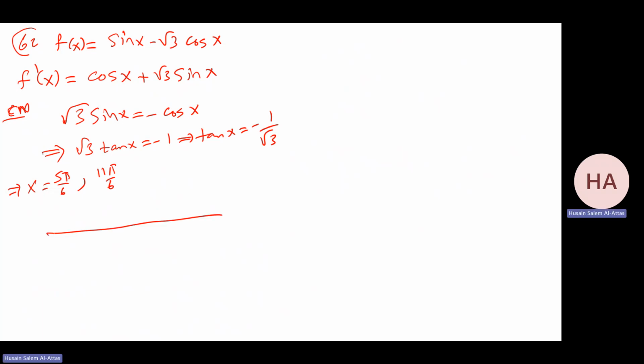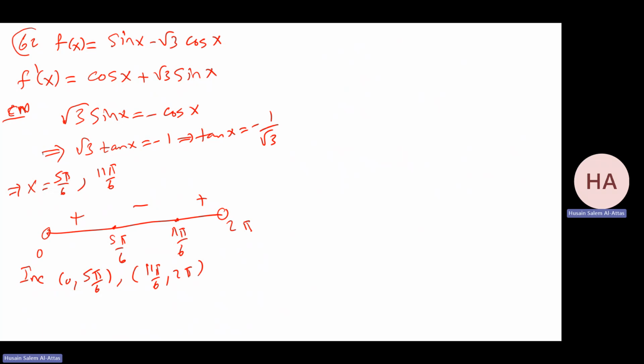So we'll put the number line as usual. This is 0, this is 2 pi. Here I have 5 pi over 6, here I have 11 pi over 6. Check the sign: plus, minus, plus. So it's increasing from 0 to 5 pi over 6. I put the sign, no need to waste time and do it every time, you can do it.